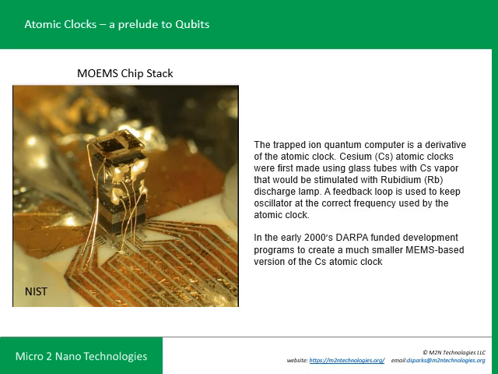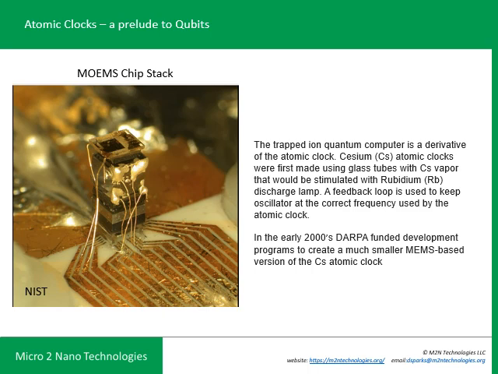Atomic clocks were kind of the forebearer of the MEMS-based qubit. These were initially hand-built; they were called cesium atomic clocks back in the day. They used glass tubes filled with cesium, stimulated with a rubidium discharge lamp.